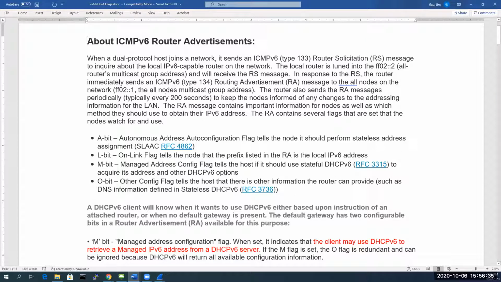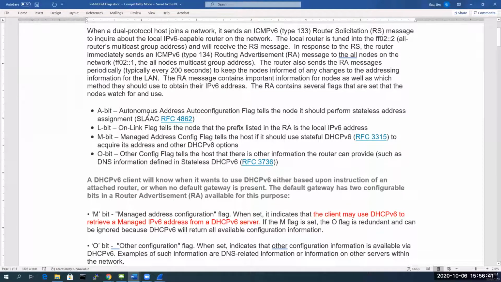You will listen to the router advertisement packet in order to either get a stateful address from your DHCP server, or you will just get the so-called stateless SLAAC, stateless address autoconfiguration.